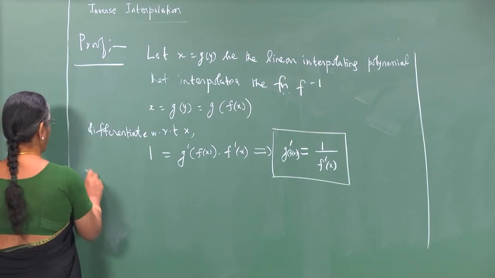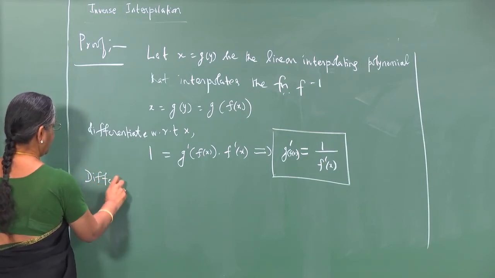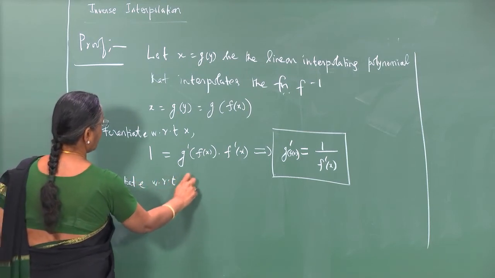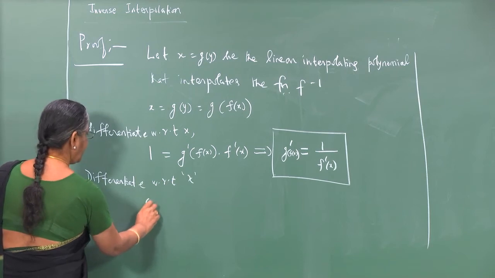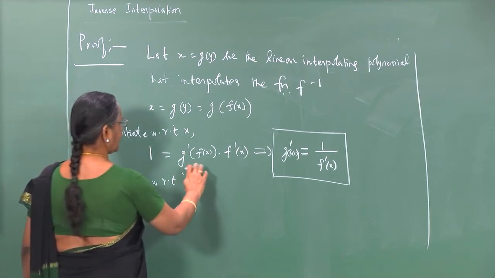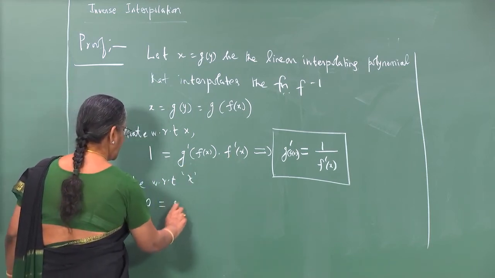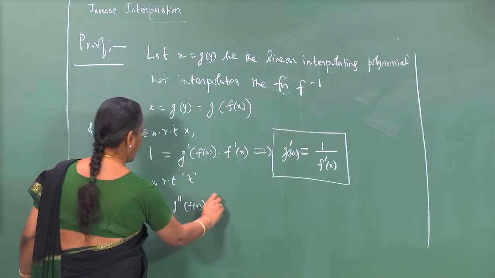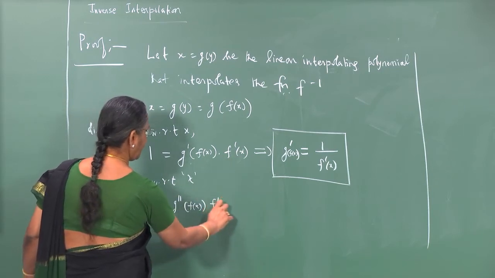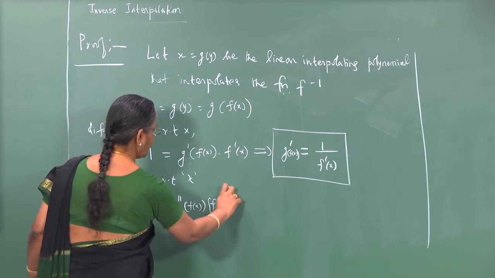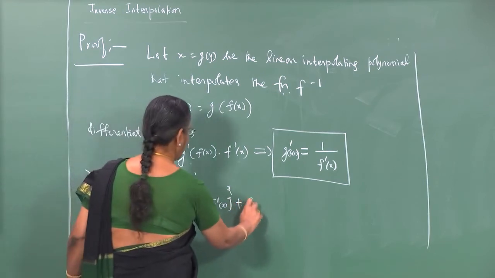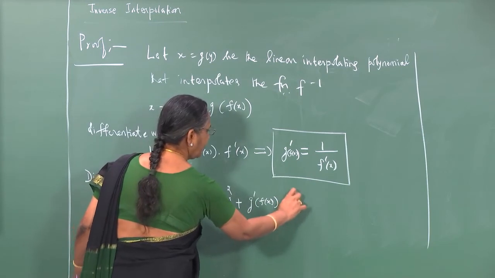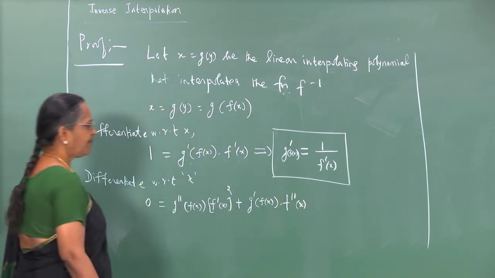So, let us now differentiate this with respect to x again. Then derivative of 1 with respect to x will give you g double prime of f of x into f prime x, I already have an f prime x, so f prime x the whole square, plus the next term g prime of f of x into derivative of f prime of x, that is f double prime of x.